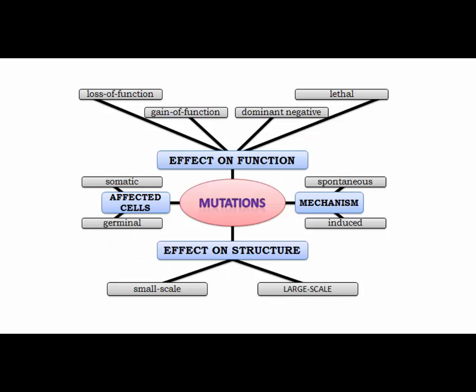So some mutations are inherited, which we call germline mutations. Those are always found in every cell of the body. If the sperm or egg that was used to form you contained a mutation, we call that a germline mutation, and all the cells of your body are going to have that mutation.